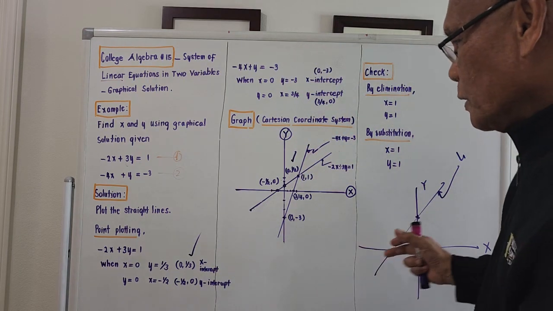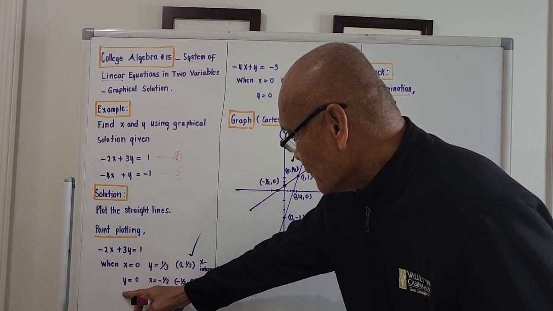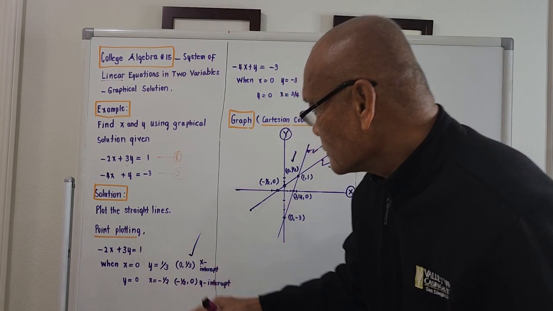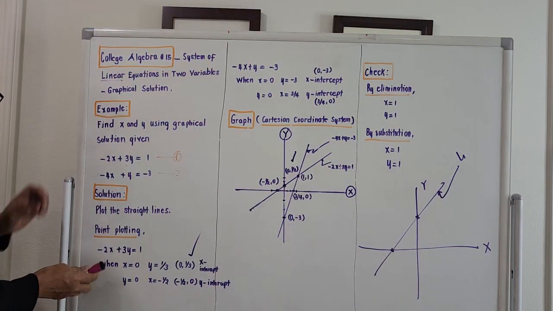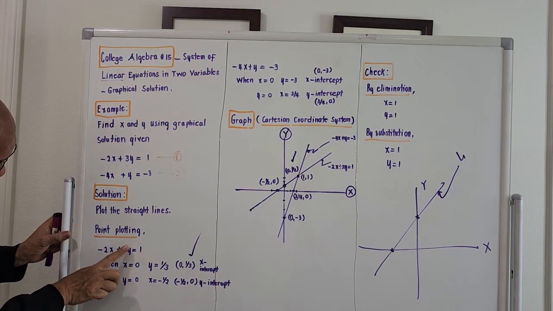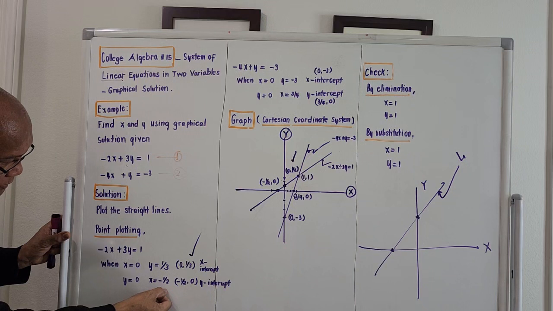When we reverse the operation, if we put y equal to 0, negative 2x will be equal to 1, and x will be equal to negative 1/2.